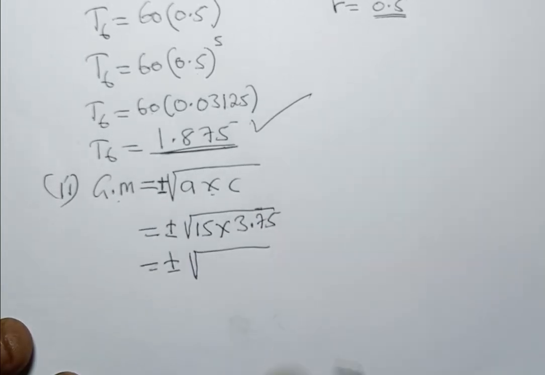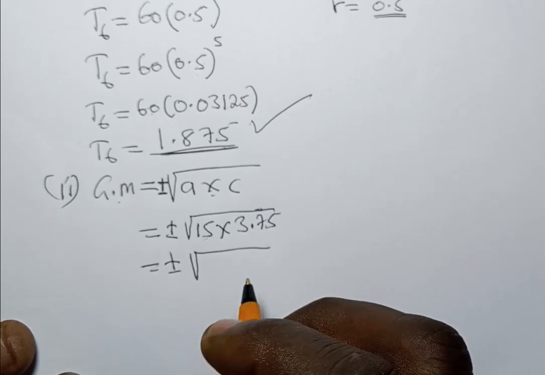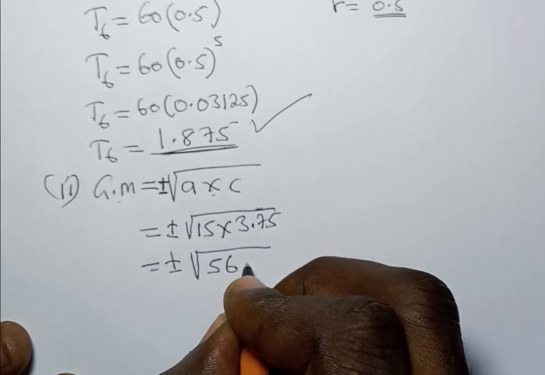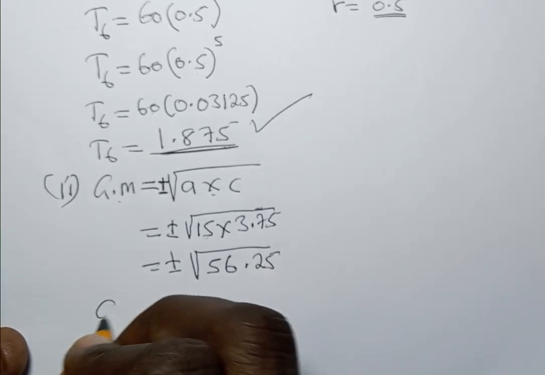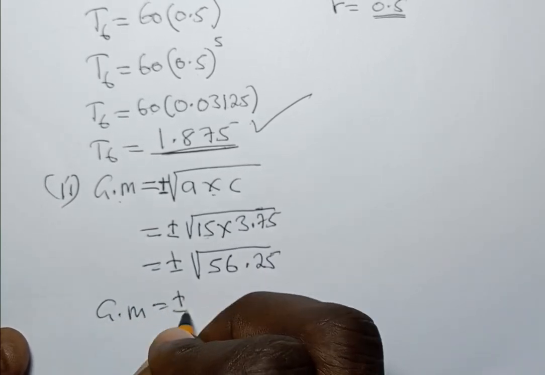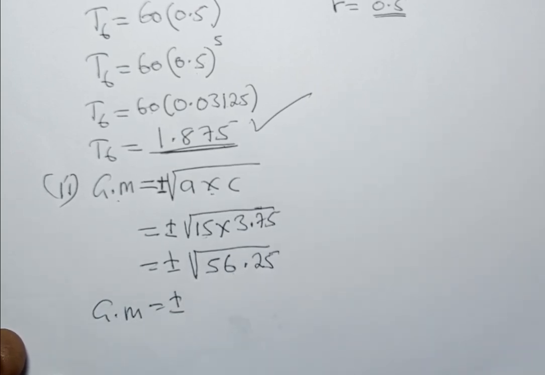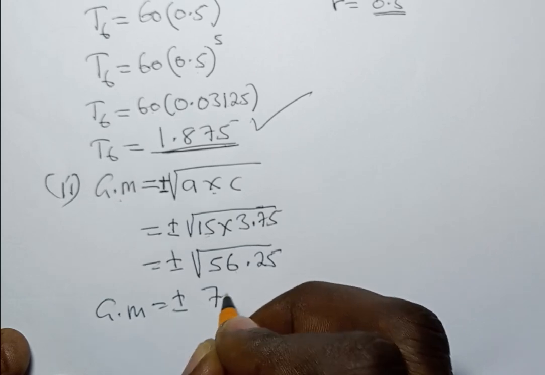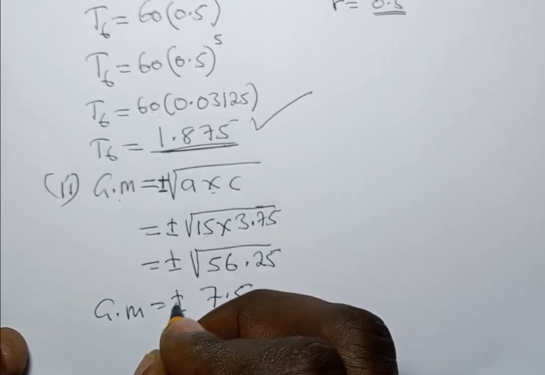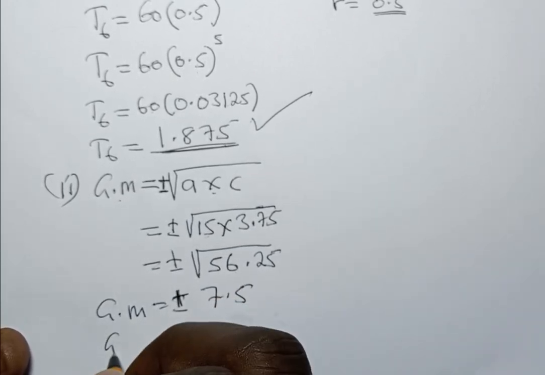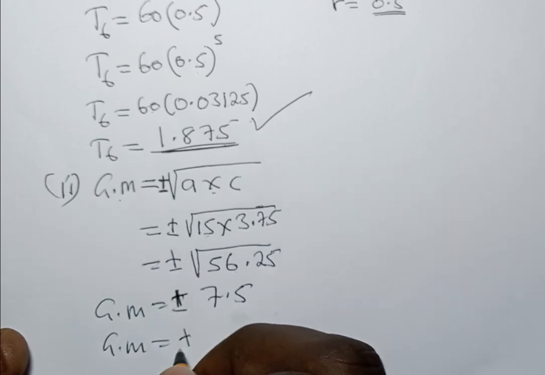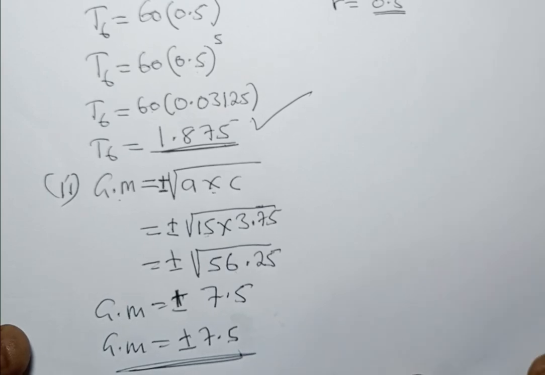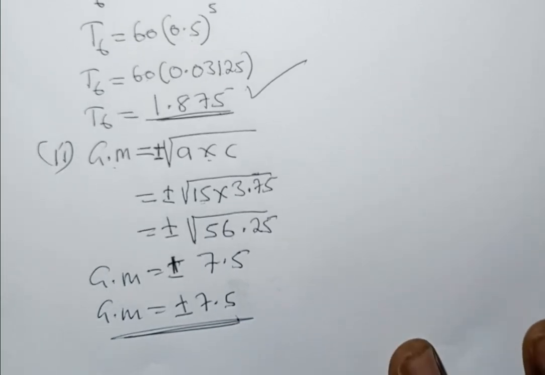For those having calculators, you can punch 15 times 3.75. We are going to have 56.25. Then the geometric mean is plus or minus the square root of 56.25. The answer will give you 7.5. Meaning the geometric mean can be positive 7.5 or negative 7.5. This is the answer for question 2.